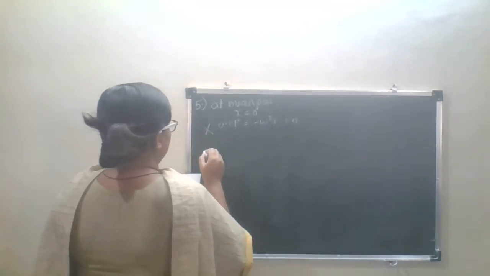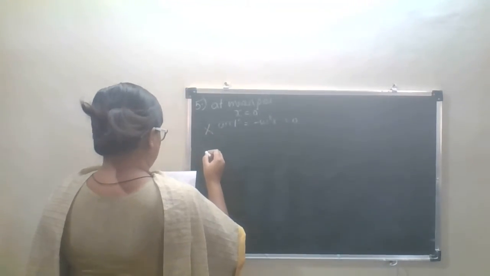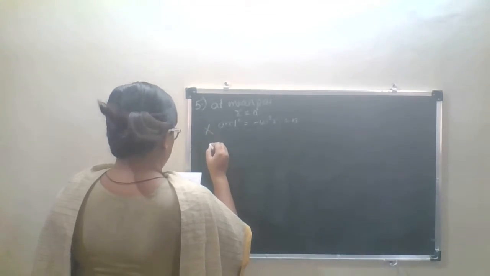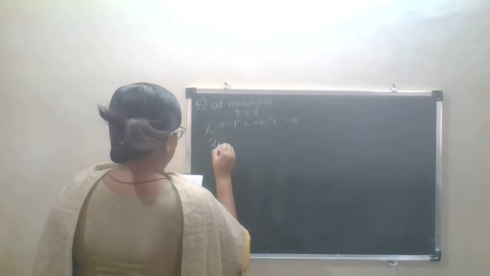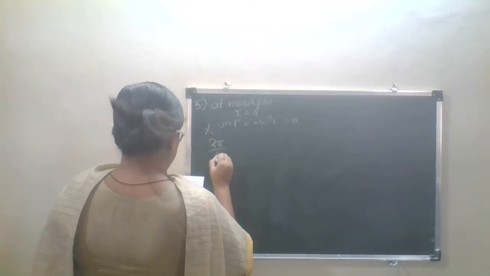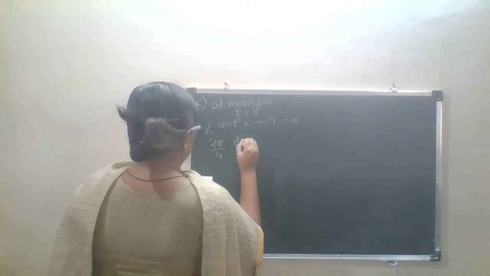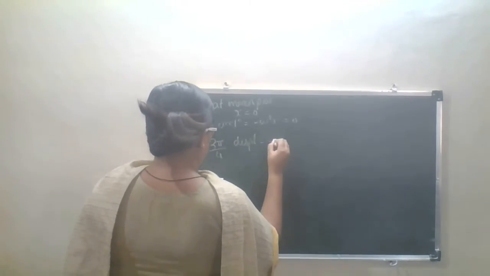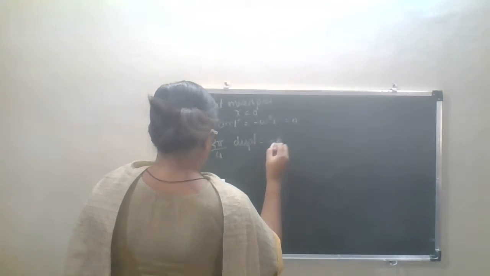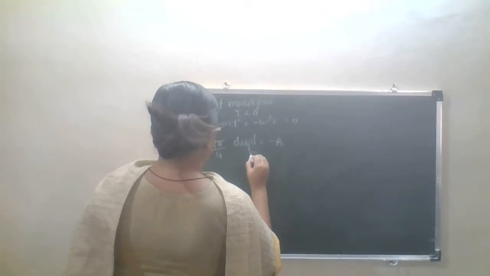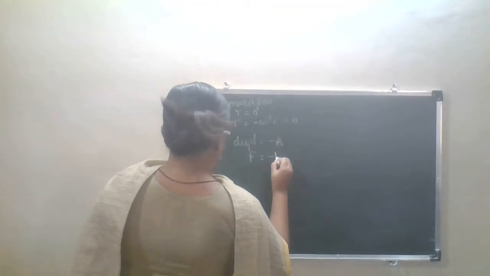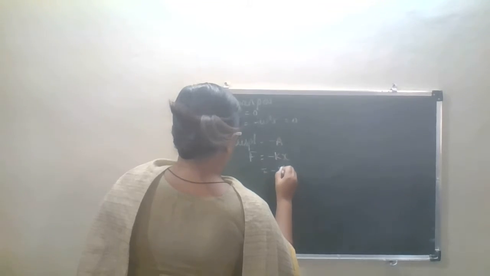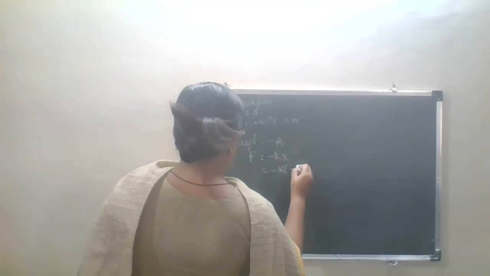We have to take out the right answer. B is when x is equal to 3 pi by 4, then displacement is minus a, and f is equal to minus k of x, which is equal to k into minus a.